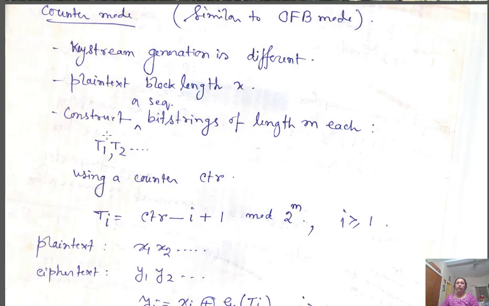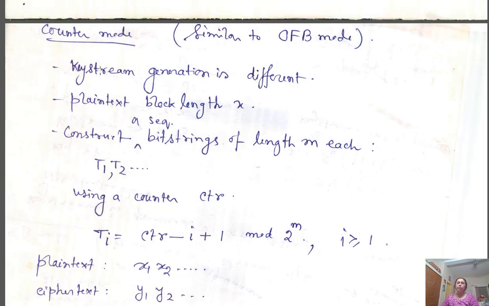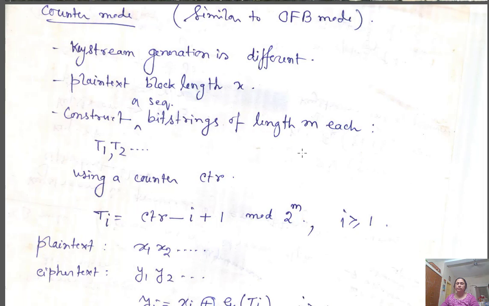In counter mode, we construct a sequence of bit strings of length m each: T1, T2, up to Tm. T1 is a bit string of length m, T2 is a bit string of length m.